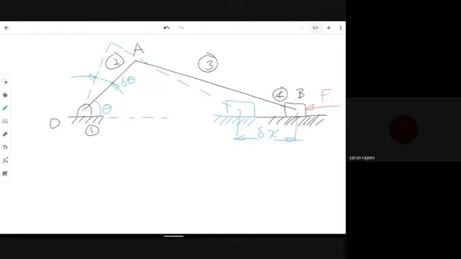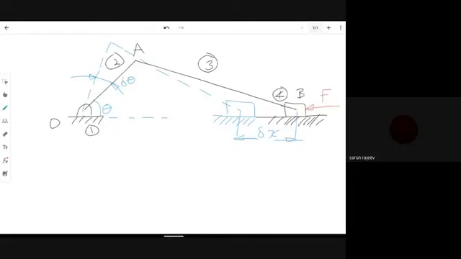So the work done during a virtual displacement of a system from equilibrium is always equal to zero. Work done during a virtual displacement, that means an imaginary displacement. So if you think there is an imaginary displacement occurring, then we can consider that the work done during that imaginary displacement is said to be virtual work, or work is actually zero.